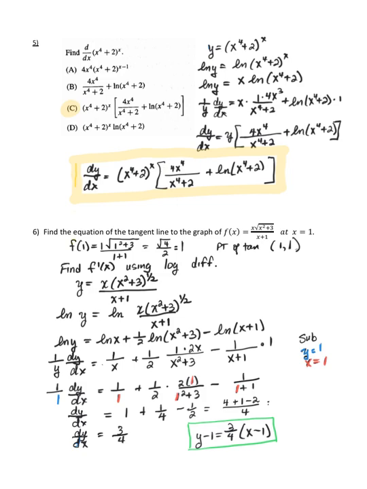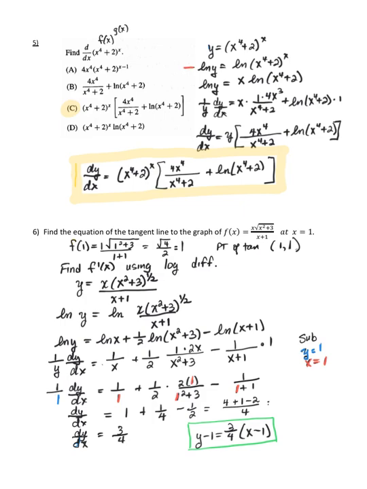Okay, so let's take a look at our problems. In number 5, notice that we have a function of x to a function of x, where the base and the exponents have variables. So that's when we really need logarithmic differentiation. So we take the natural log of each side, like we have here.